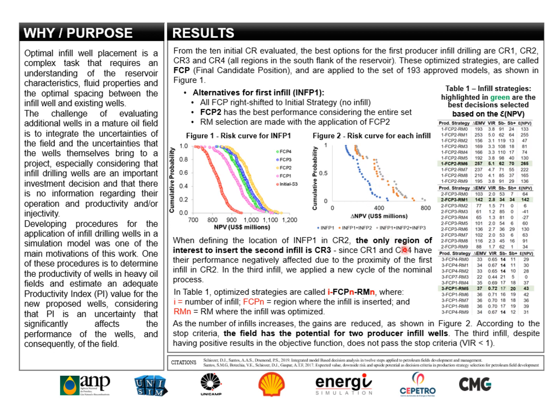After that, we evaluate the second infill, but the only region of interest to insert the second infill is CR3, because CR1 and CR4 had their performance negatively affected due to the proximity of the first infill in CR2, and CR5 and CR10 already had production and NPV values lower than expected in the first infill.